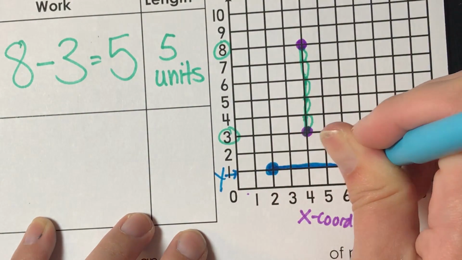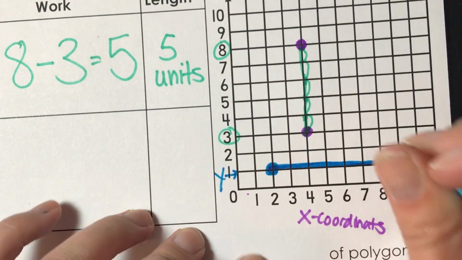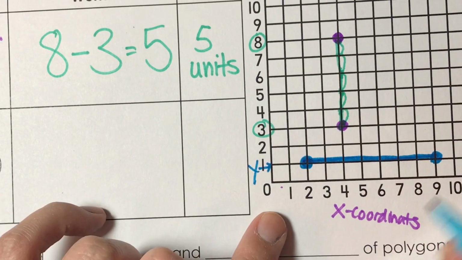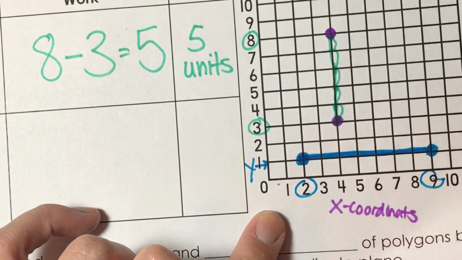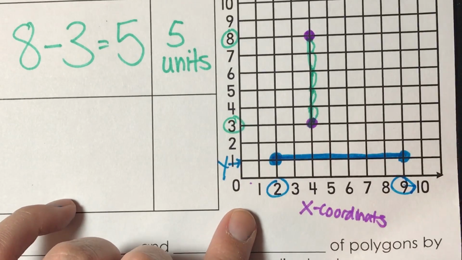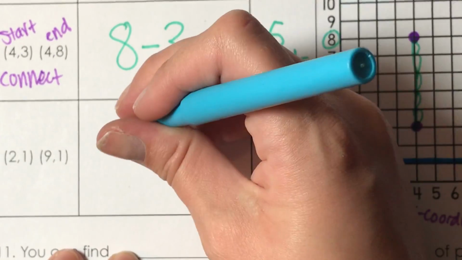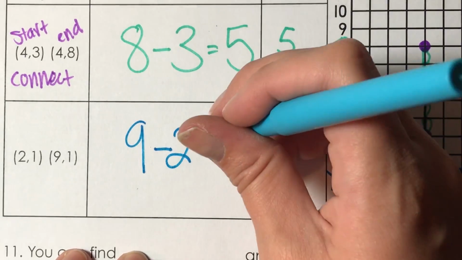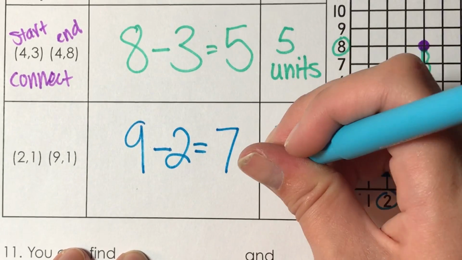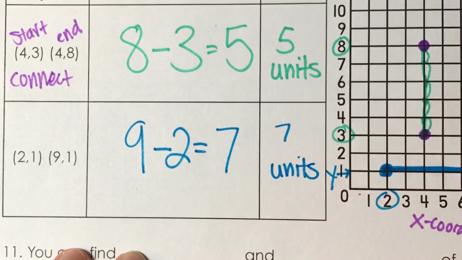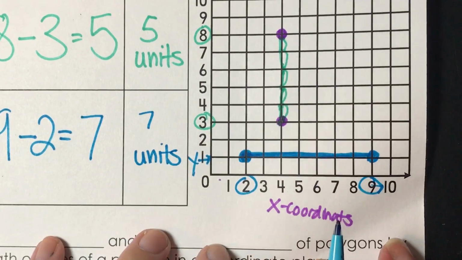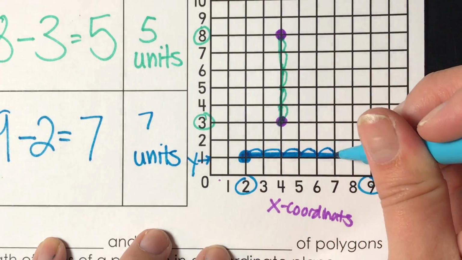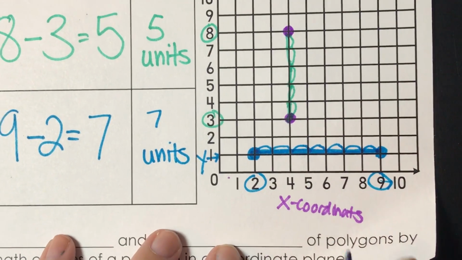If I want to know the length, how far apart, what is the distance between this point and the other, I have 2 and 9 are what's different. So I'm going to put 9 minus 2 equals 7. And I label it 7 units. Or you can do Miss Madera's preferred method and just count the number of spaces. 1, 2, 3, 4, 5, 6, 7.